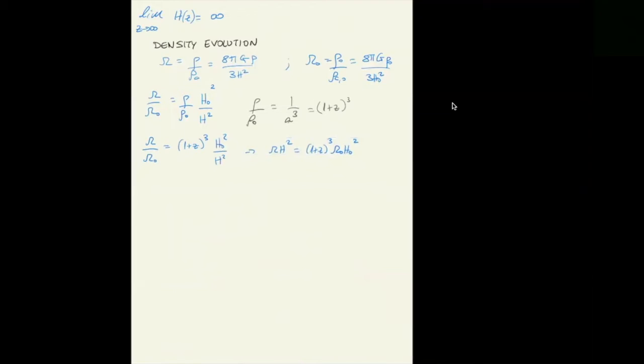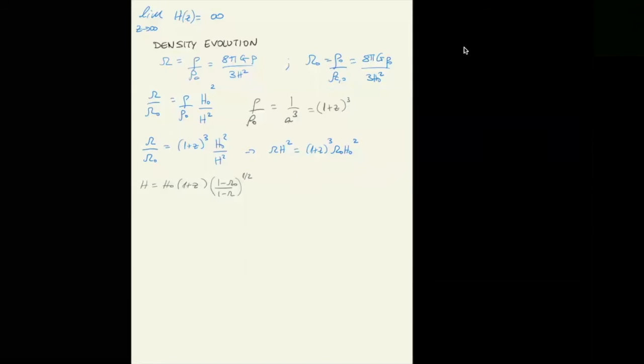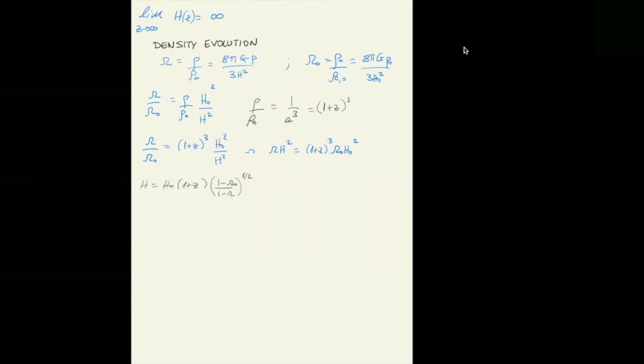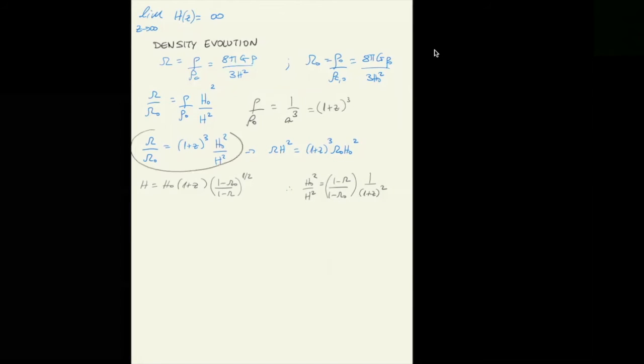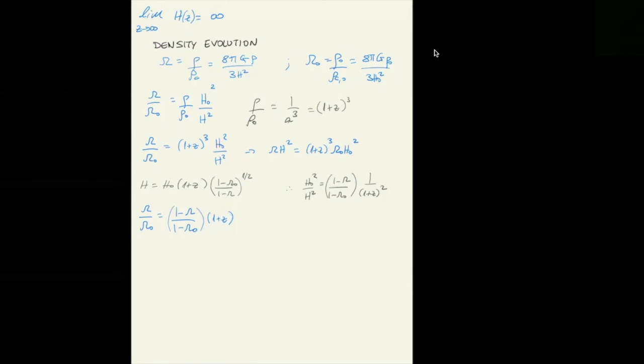Now we can eliminate the Hubble constant from this expression with the expression we found for the Hubble constant. That is, if you square this and divide it by H squared, now plug this relationship here and you find Ω over Ω0 is equal to 1 minus Ω0 times (1 plus z).